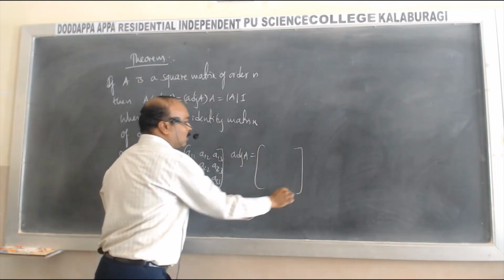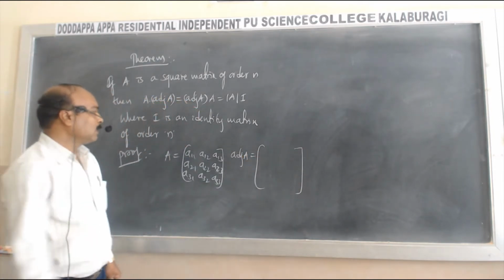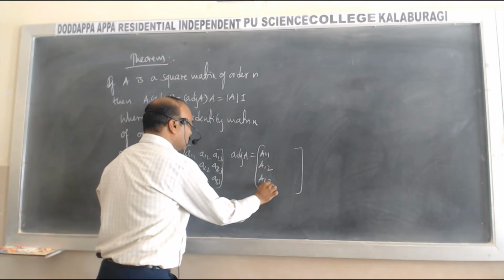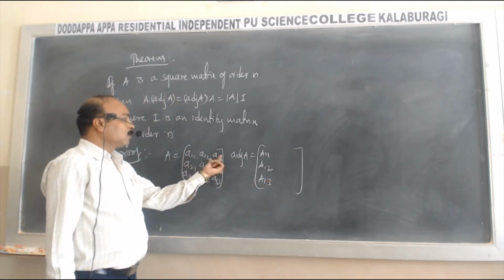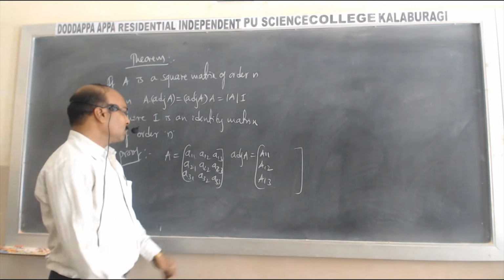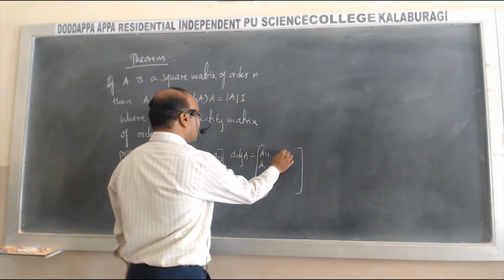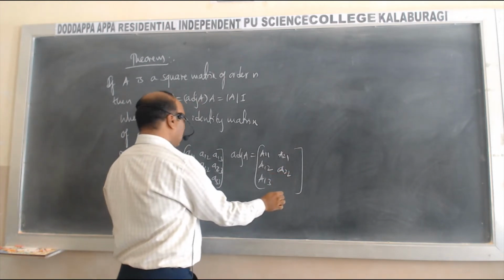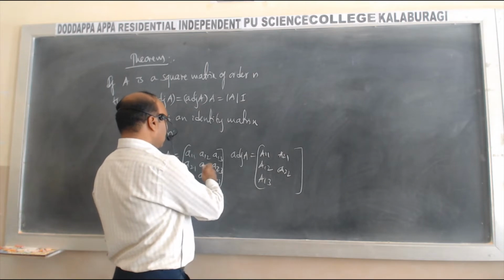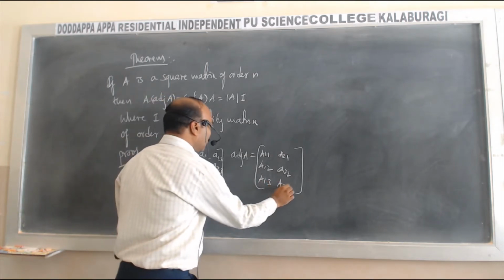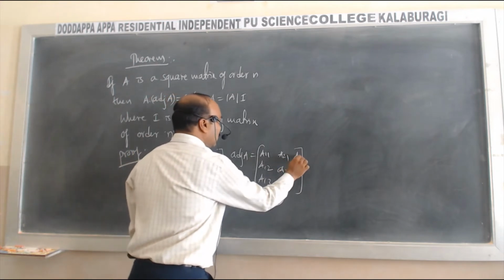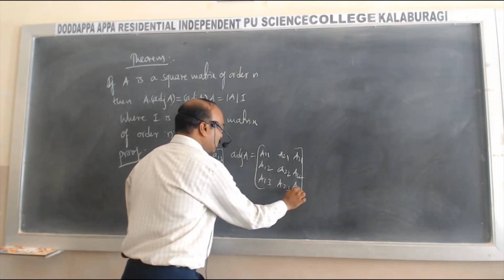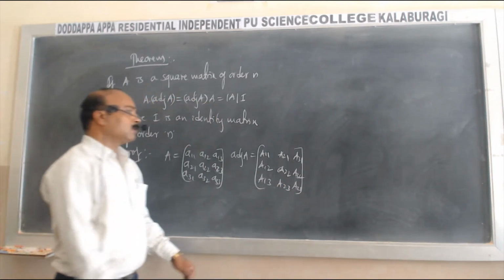It is the transpose of cofactors: the first row changes into the first column, and the second column is given by A21, A22, A23, and the third by A31, A32, A33. Now it is the adjoint of the square matrix.